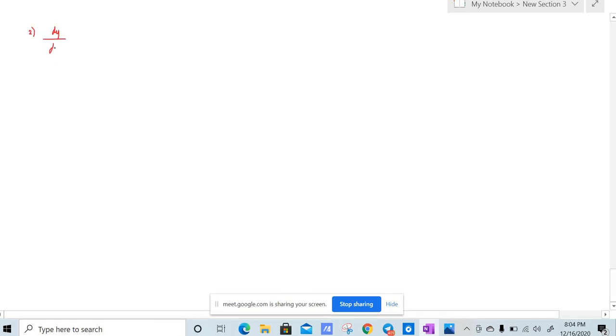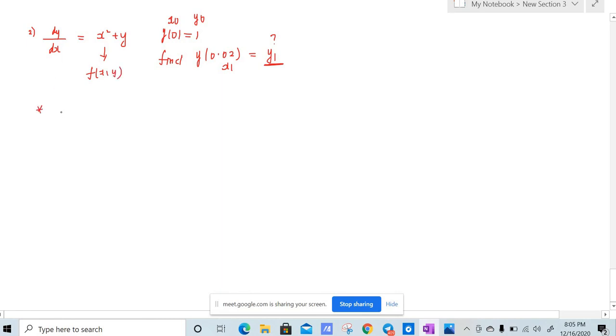dy by dx is equal to x square plus y, y of 0 is equal to 1. Find y of 0.02, right? This is x0, this is y0, this is our x1. We need to find y1, right? We need to find this value. So this is our f of x comma y.